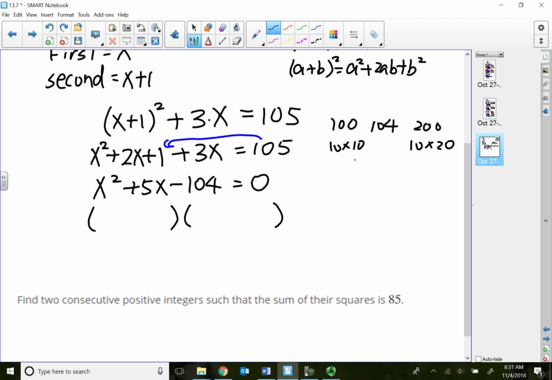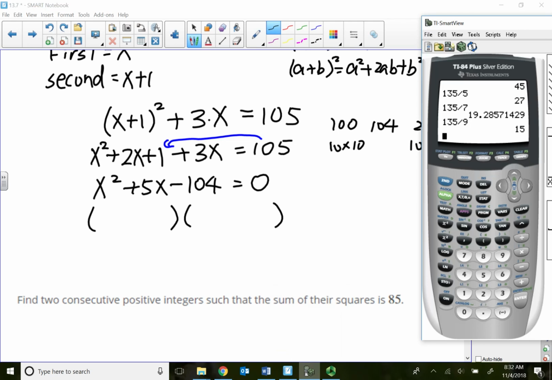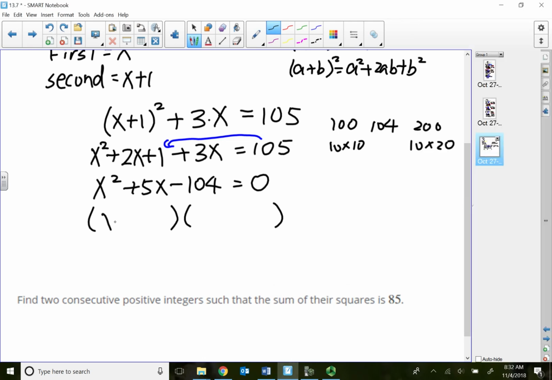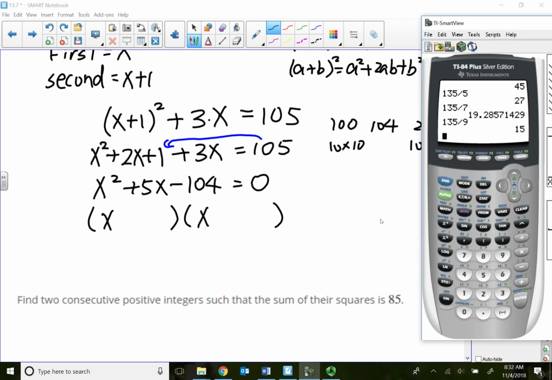So for 104, I'm searching for a number that's either from 10 to 20 or a little bit lesser than 10. It'll be somewhere right there. I know I'm not going to use a 20-something to go into 104. So for x squared, let's use x and x.